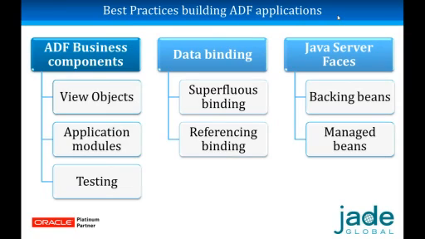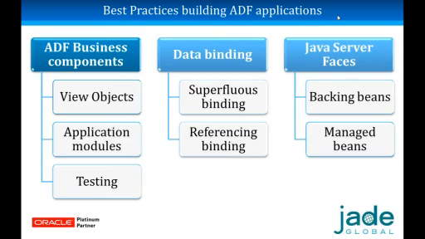Now, JSF or Faces provides two more important things: something called backing beans and something called managed beans. JDeveloper will create a backing bean automatically for every component you're creating, and in doing this, it controls the components from the web page. When you try to implement these backing beans, you always need to have a clear naming convention for your items and backing bean accessors.